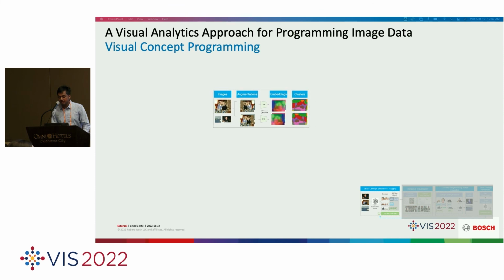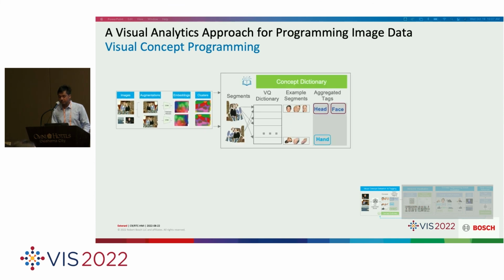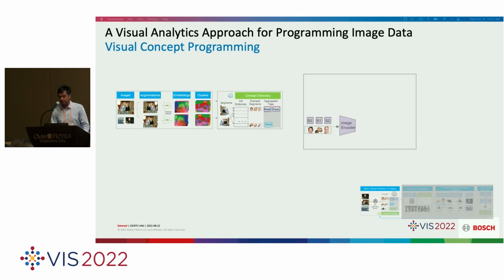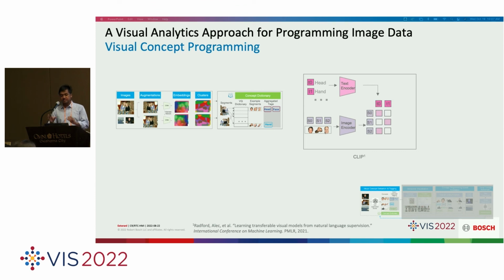The segments are finally grouped into a concept dictionary. To generate high-level tags, all segments are fed into an image encoder. Similarly, a set of predefined tags are fed into a text encoder. The similarity between the segment embedding and the text embedding can be used for assigning a tag to a segment.